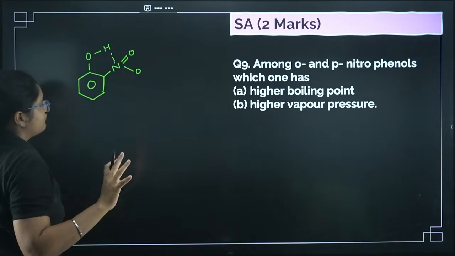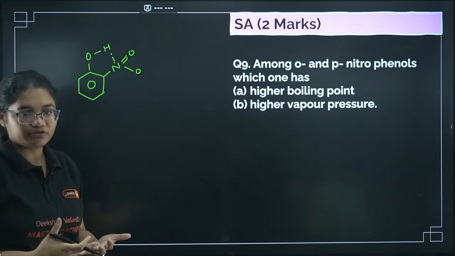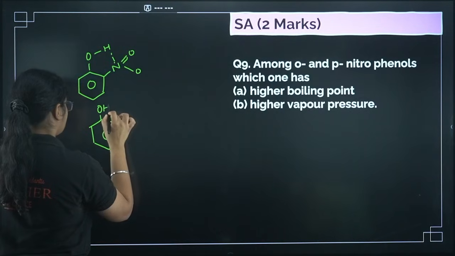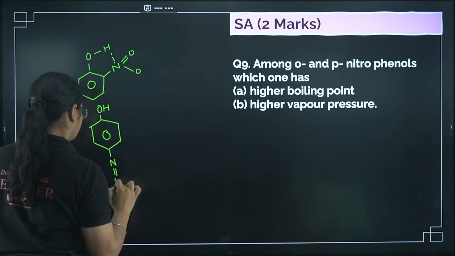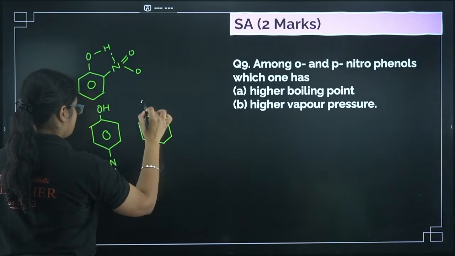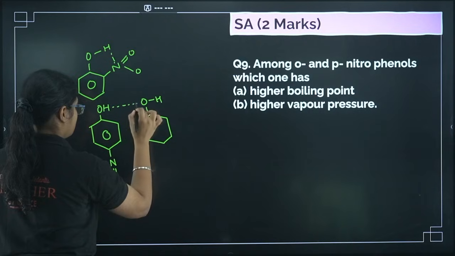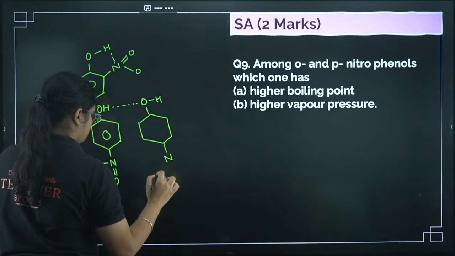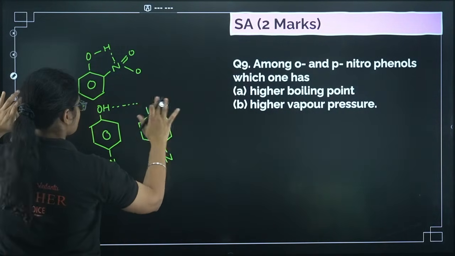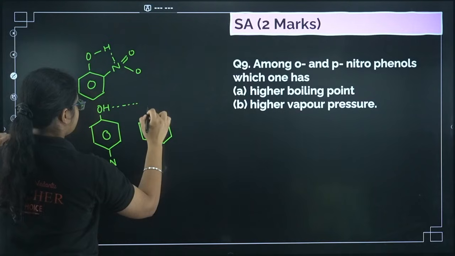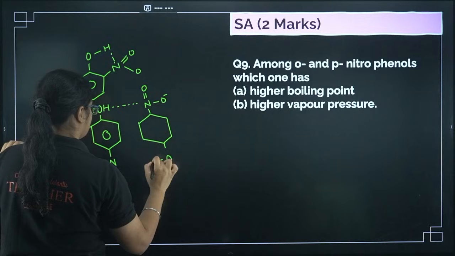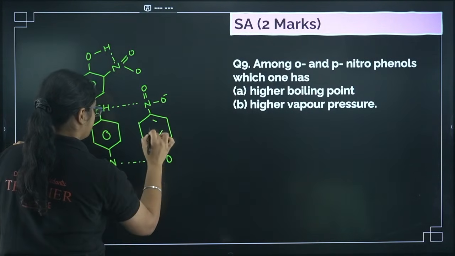In orthonitrophenol, what we have is intramolecular hydrogen bonding. Now, if you see para-nitrophenol, what did you observe here?